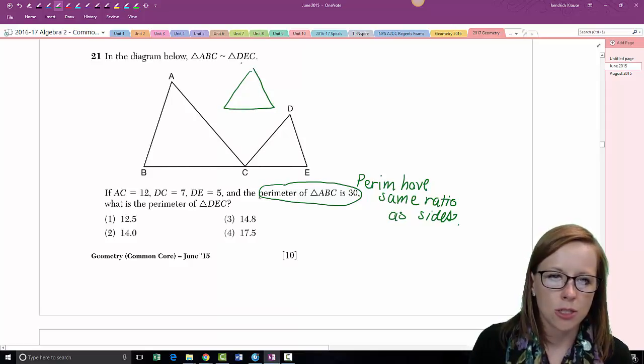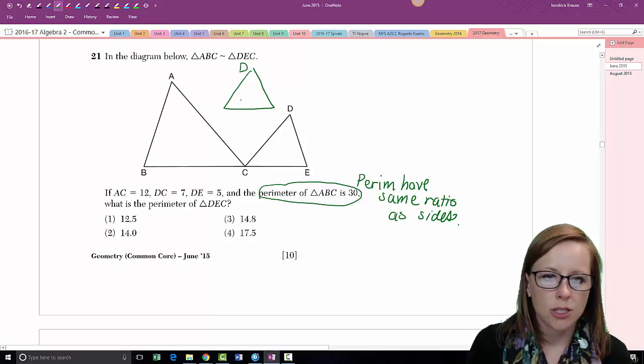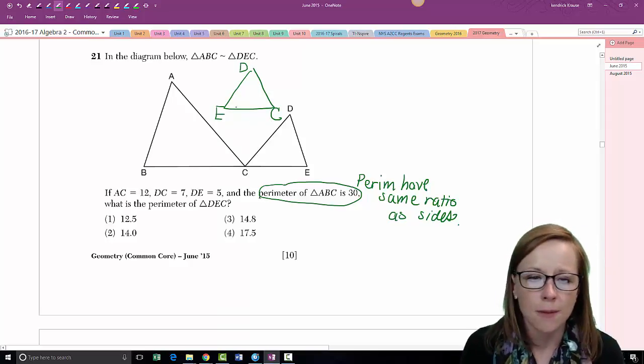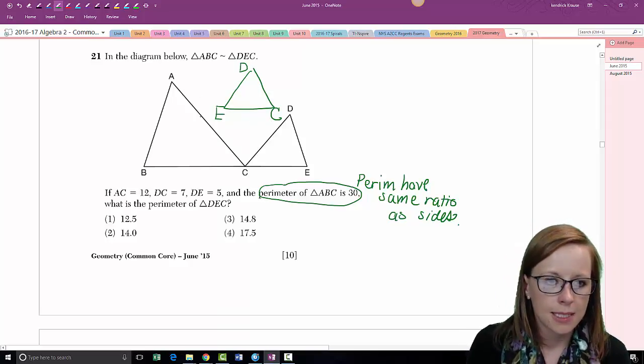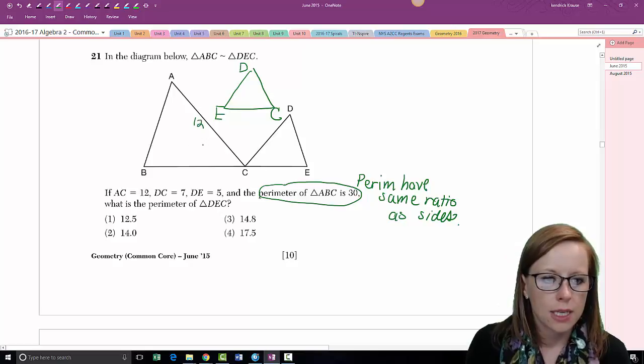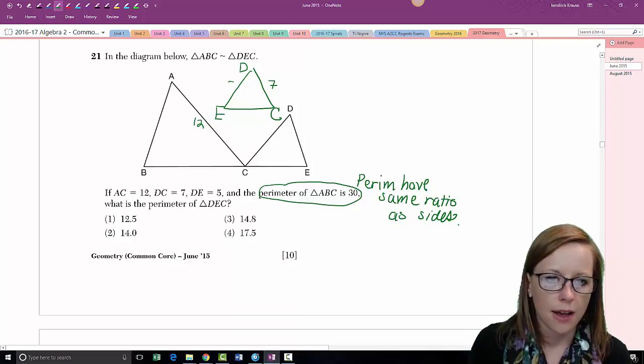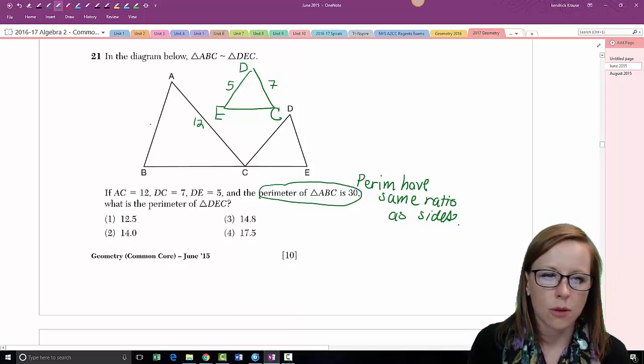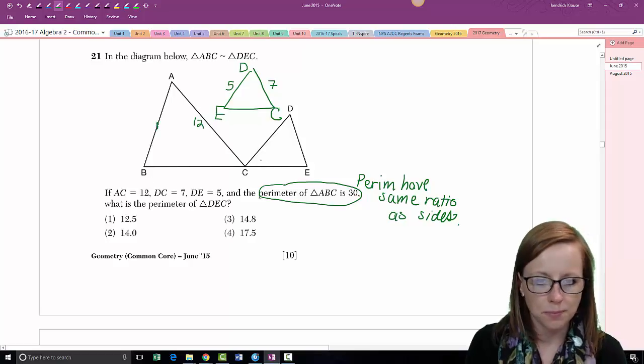So A matches with D, B matches with E, and C matches with itself. I know my triangle is not perfect, but that's okay. Then they tell me that A to C is 12, D to C is 7, so those two sides are being compared. D to E is 5, so the side I would normally compare with would be AB.